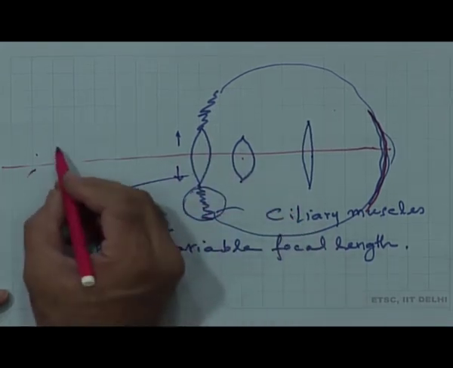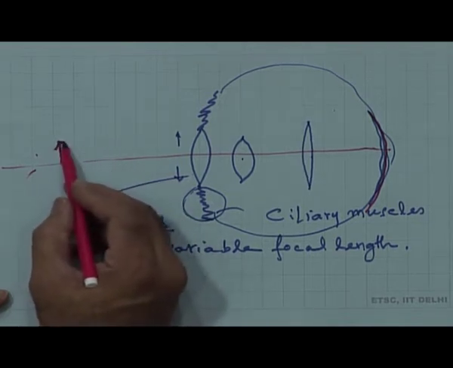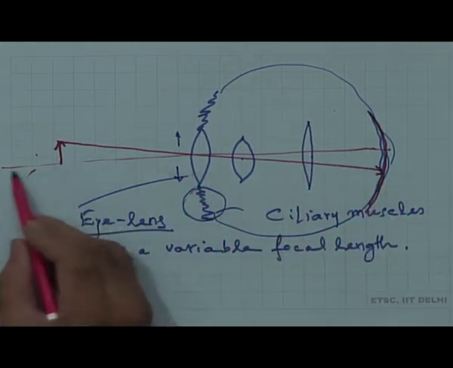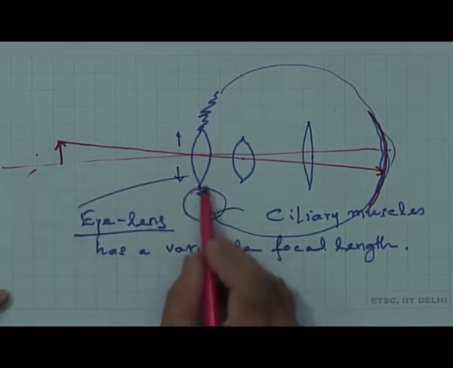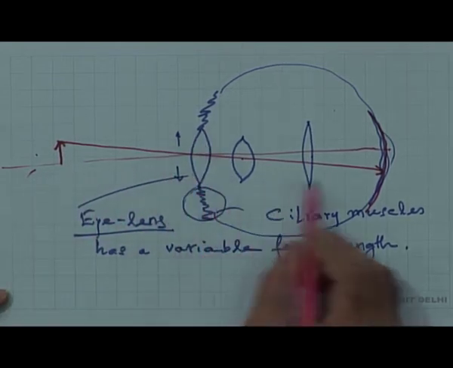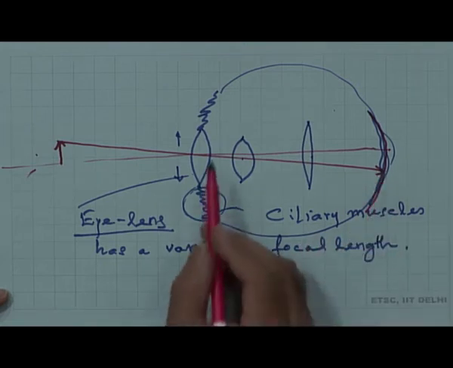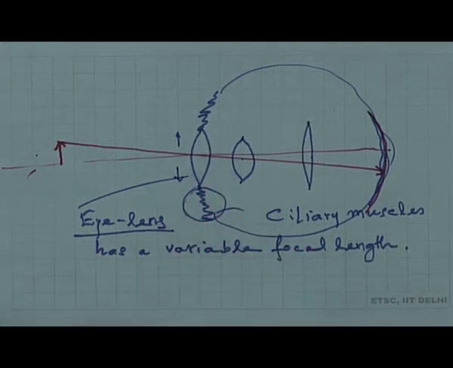So, let me just show as an example, that if the object is here, then it forms an image here. Now, depending on the position of the object or object distance u, the focal length will get adjusted, so that the image is always formed on the retina. And this process of adjusting the focal length is called accommodation.